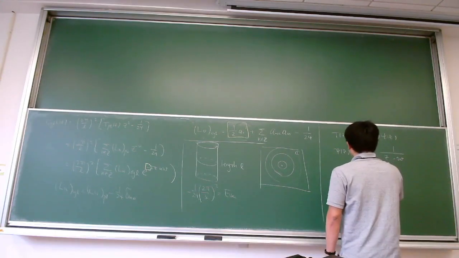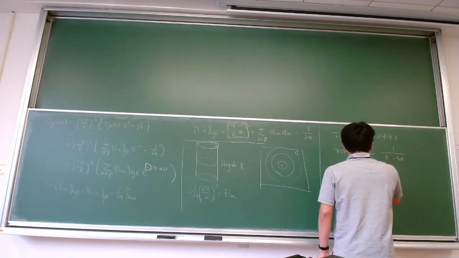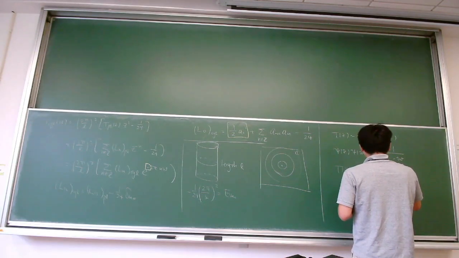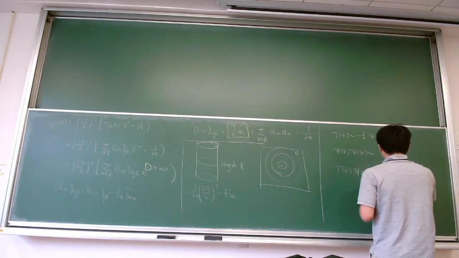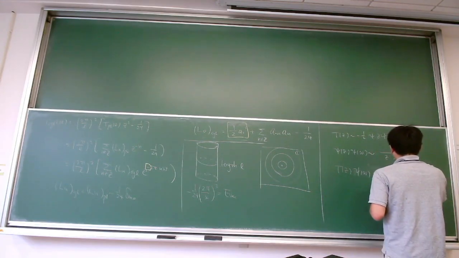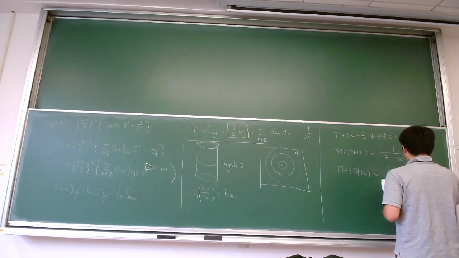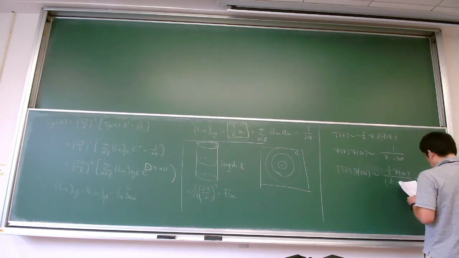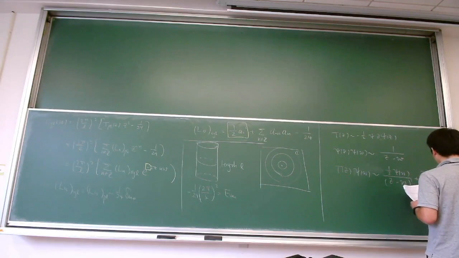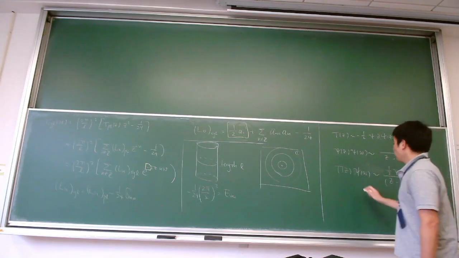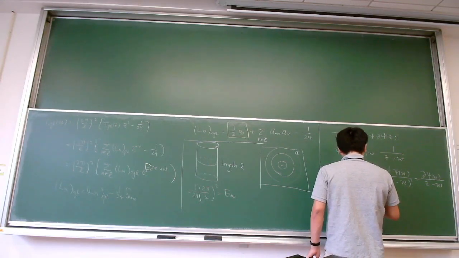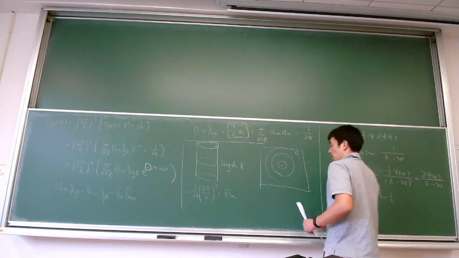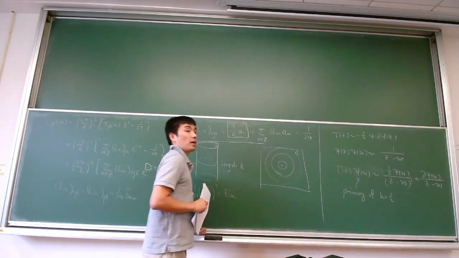And we know the OPE of the stress energy tensor T of Z with psi of W is indeed 1/2 psi of W over Z minus W squared plus so on. So therefore, this is a primary of conformal dimension 1/2. Okay. So this is what's really happening.